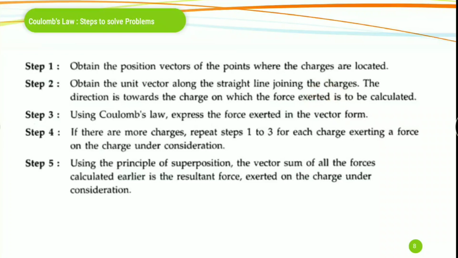Why? Because whatever the physical quantity in general form is converted into vector form, that means in a vector notation, that will be multiplied with a unit vector. That's why you need to know the unit vector value. So in the second step, first you find the unit vector along the straight line joining the charges. That direction is towards the charge on which the force exerted is to be calculated. That means this unit vector decides the force direction.